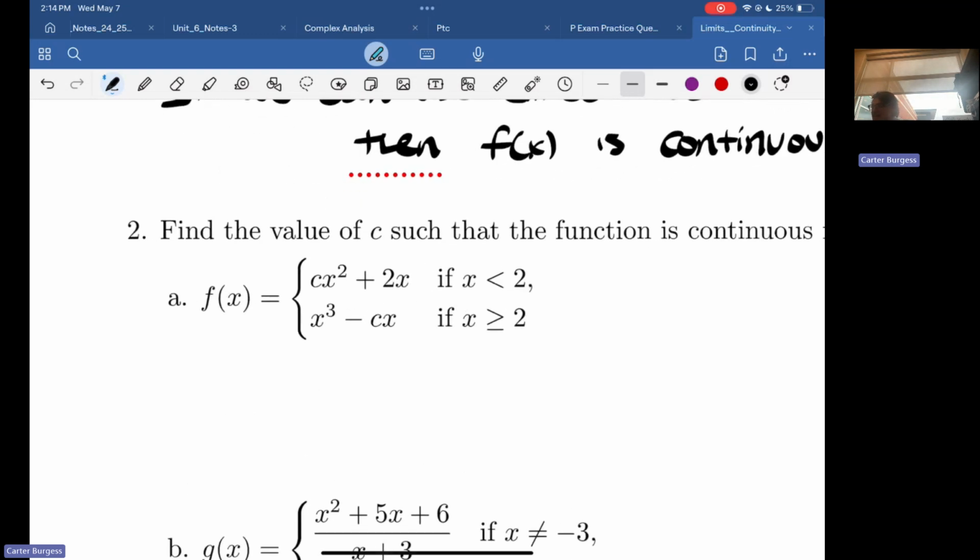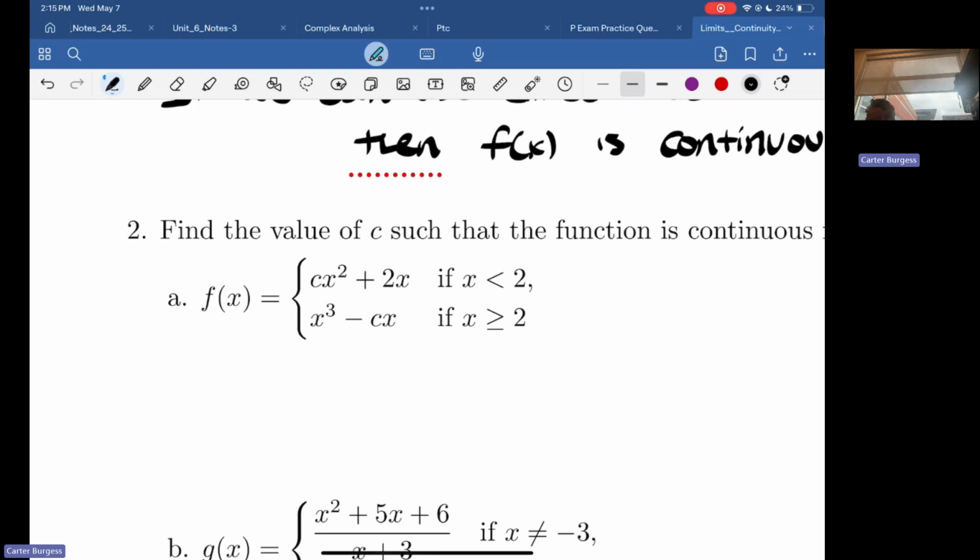So for instance, taking a look at example 2a here, let's consider 3 different classes of number. We have numbers where I'm only going to be using the top equation, numbers where I'm only going to be using the bottom equation, and numbers where maybe I have to consider what's going on with both.